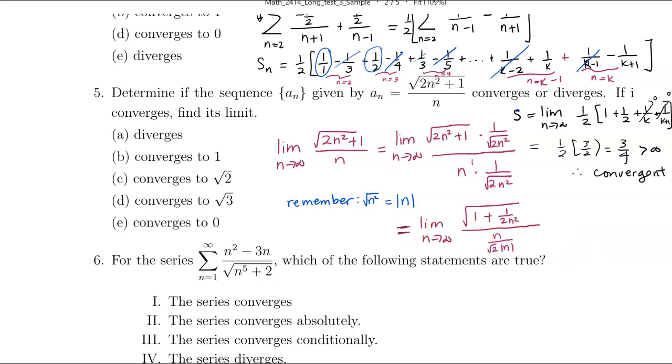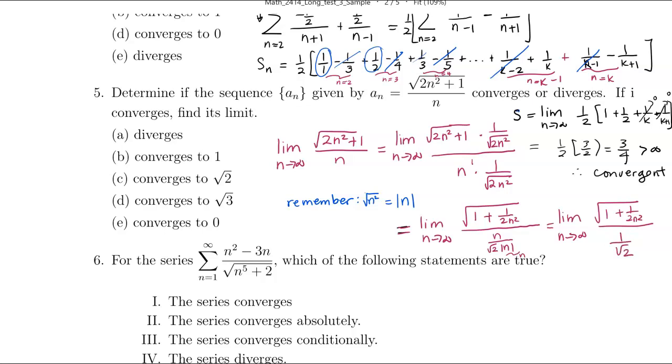So this is equal to the limit as n approaches infinity of 1 plus 1 over 2n squared all over, this one will just be replaced by n. So that means that is just 1 over square root of 2.